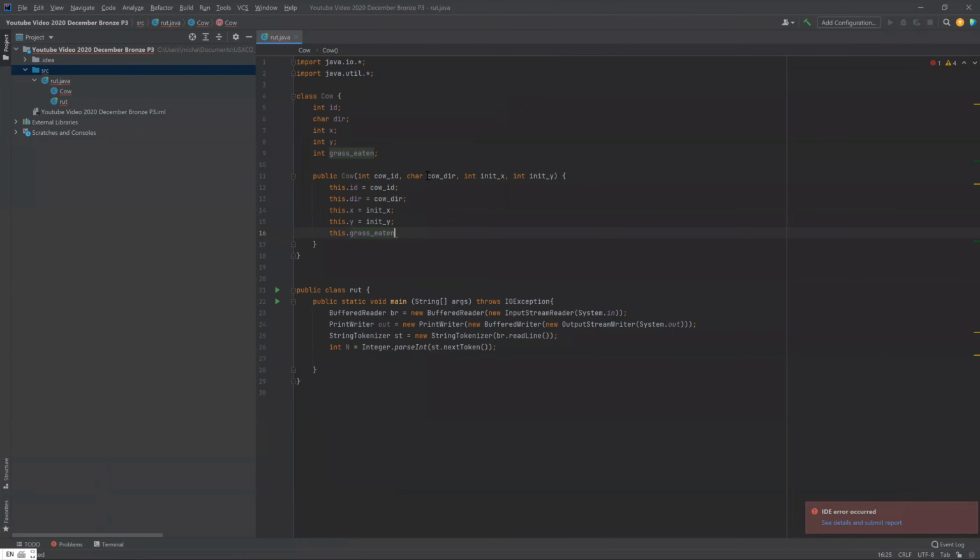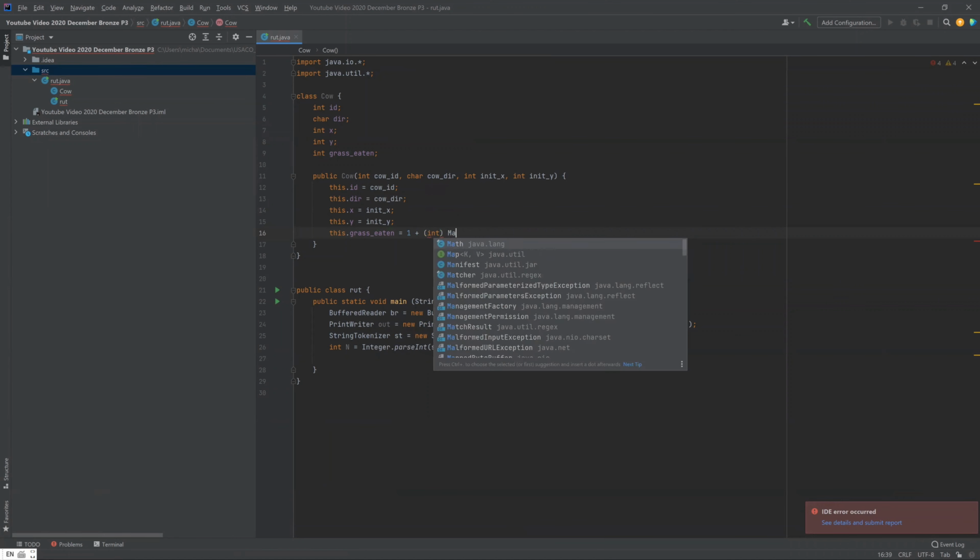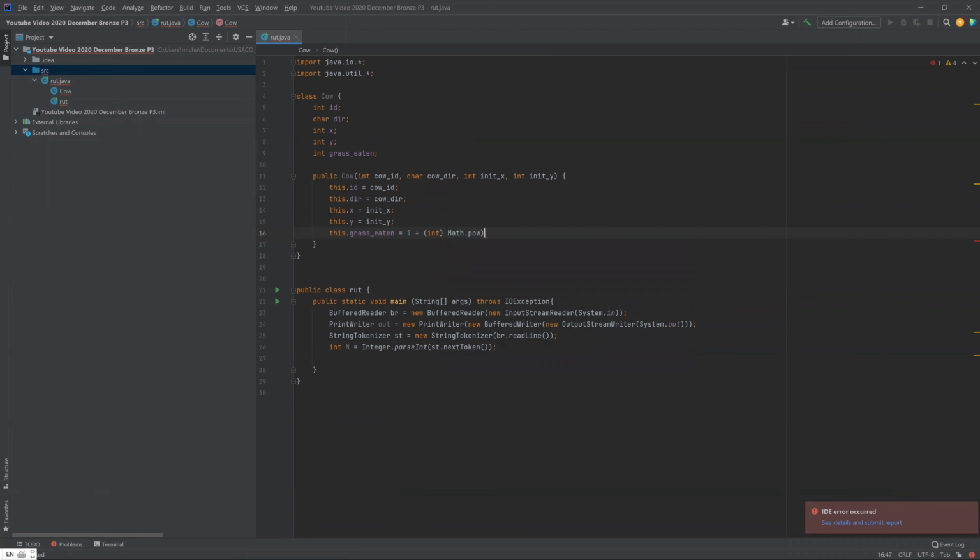So I will set it equal to 1 plus 10 to the power of 9. If the grass eaten is this, I will output infinity, and if it is not, I will output the amount of grass eaten.